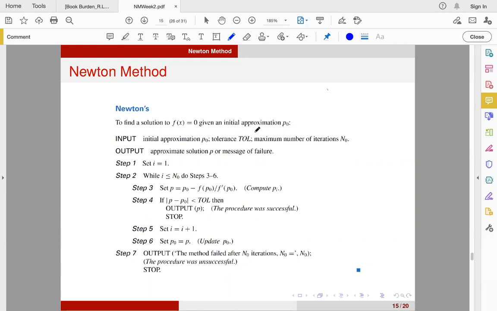If the tolerance is satisfied before the iterations finish, the program will stop. But if the tolerance is not satisfied, the program will continue until the iterations are exhausted. Therefore, we use while here. This is the algorithm, you can use this to apply in your program. I will show you later.